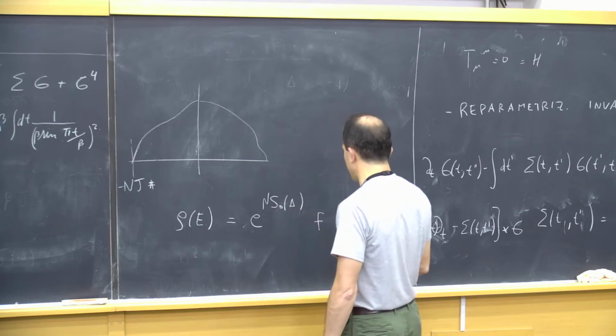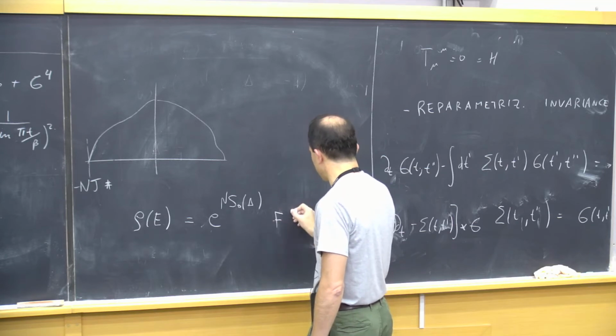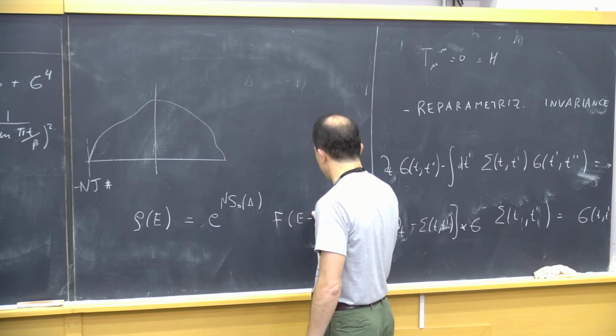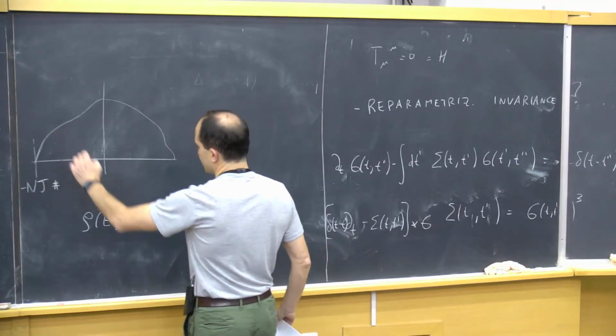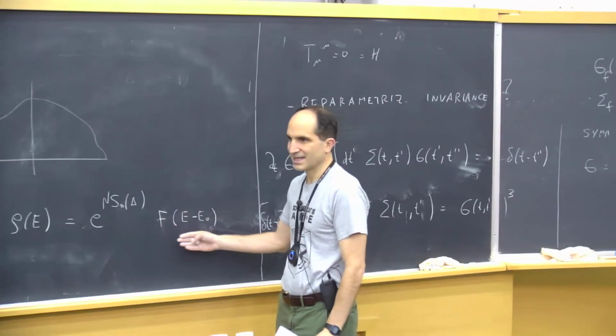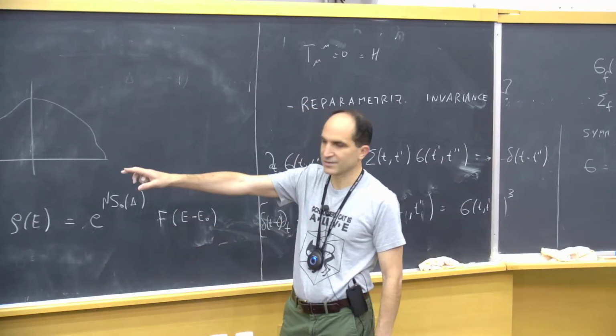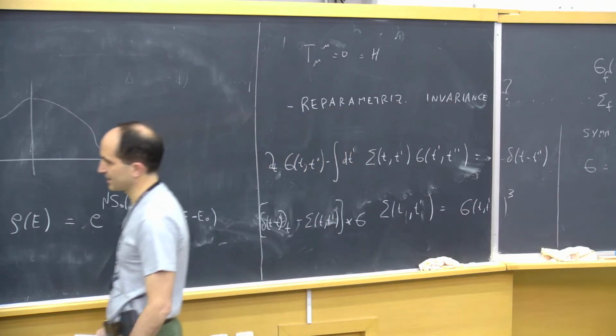And then here there could be some function f of energy, let's say of E minus E0, a rising function that starts at 0 and grows, but that is independent of n. So this is consistent with the large n limit, and is consistent with this form of the entropy, of the free energy.